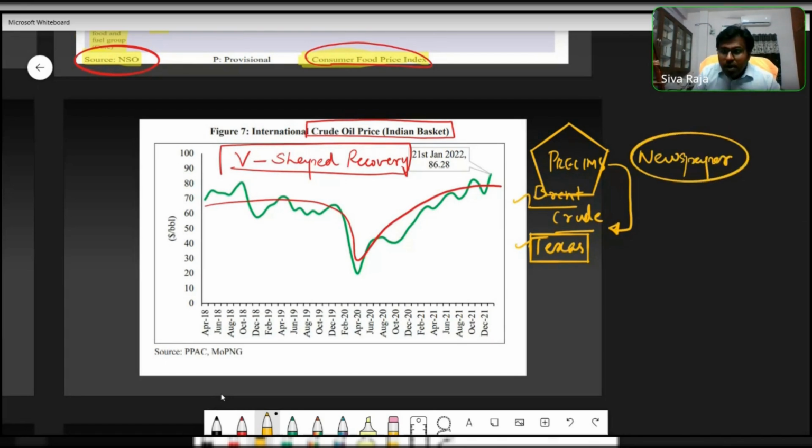Where they buy this crude oil, that is called the Brent crude index and the Texas index. West Texas, this is the point. West Texas Intermediate. This was the question. What is West Texas Intermediate? So in that only you will see all these prices varying.